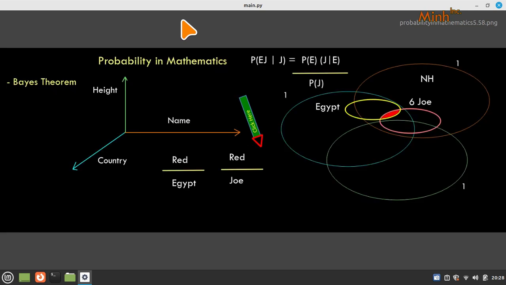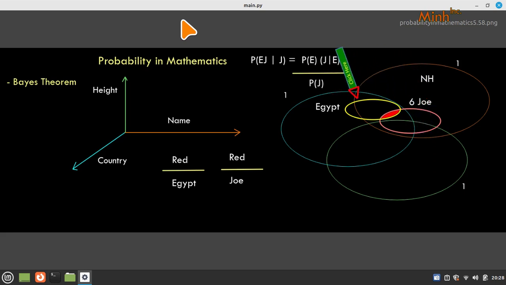Now say there are three planes, red, green and blue, where the blue plane is the country plane, the red plane is the name plane, and the green is the height plane.